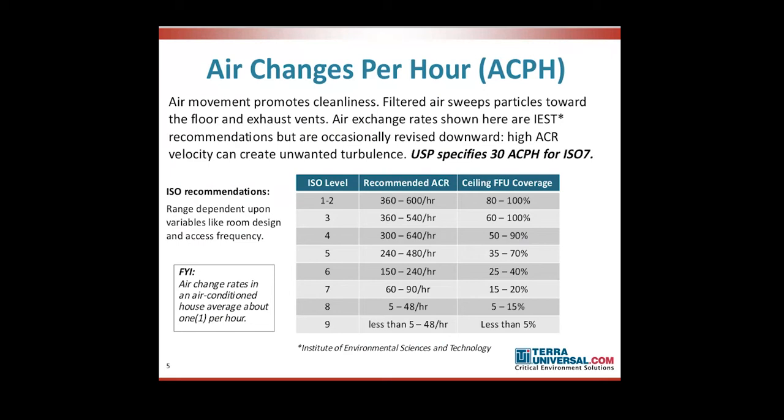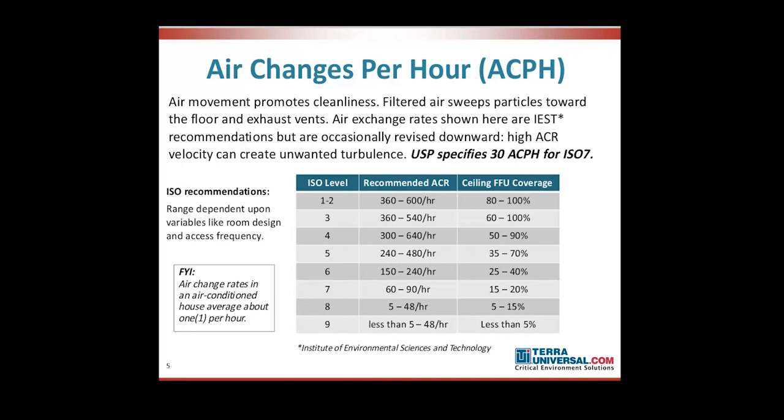Looking at ISO 7, for example, which is a level commonly called out by the USP specs, that range varies from 60 to 90 air changes per hour, quite a broad range. And in the USP spec itself, the number that's called out is 30 air changes, a much lower number. So it's striking how much variation there is in the area of air change rates.